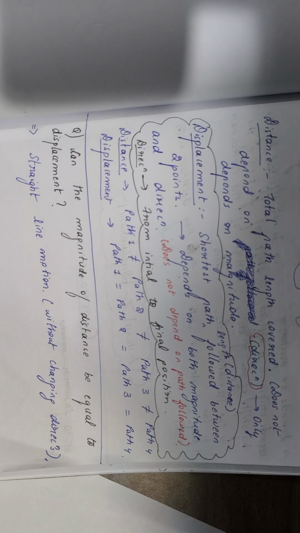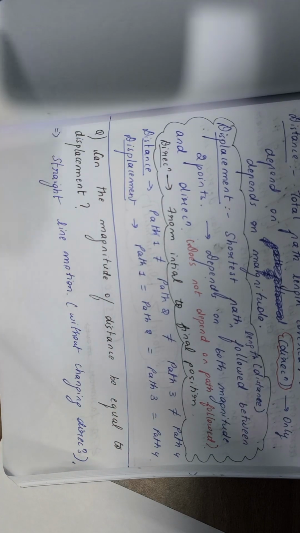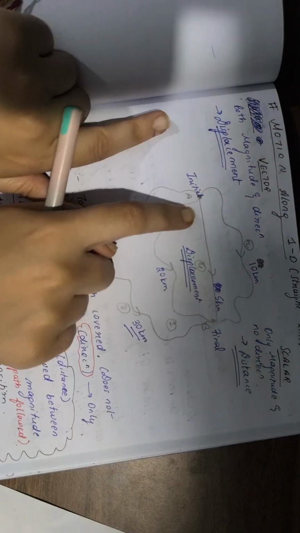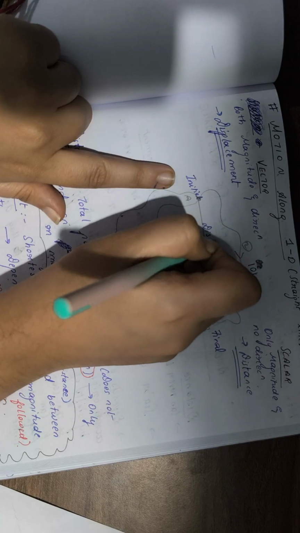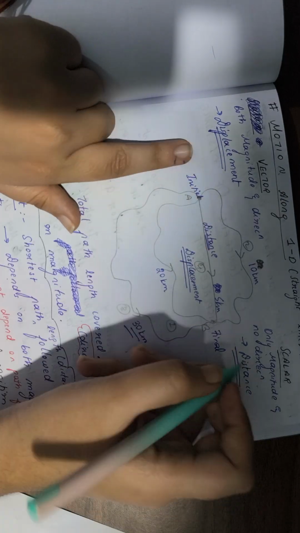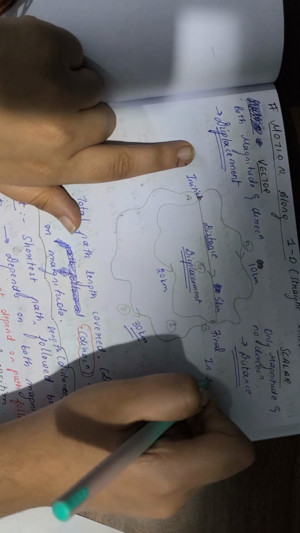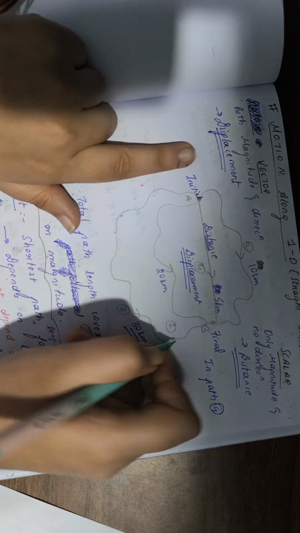Now another thing is, can the magnitude of distance be equal to displacement? Yes, it can be equal. But in what instance? Only in the fourth path. In the fourth path, if you see here, distance and displacement are equal. I hope you are able to see the numbers.